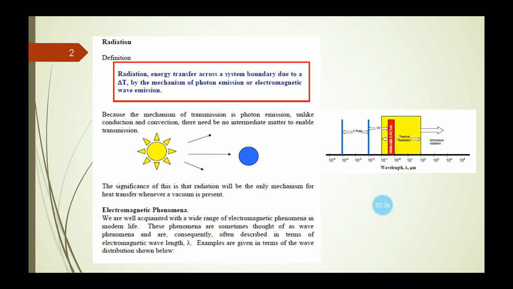Now we have seen that radiation is an electromagnetic mechanism. The energy which a radiating surface releases is not continuous, but is in the form of successive and separate, discrete packets or quanta of energy, which is actually known as a photon. Now these photons are propagated through space as different rays.